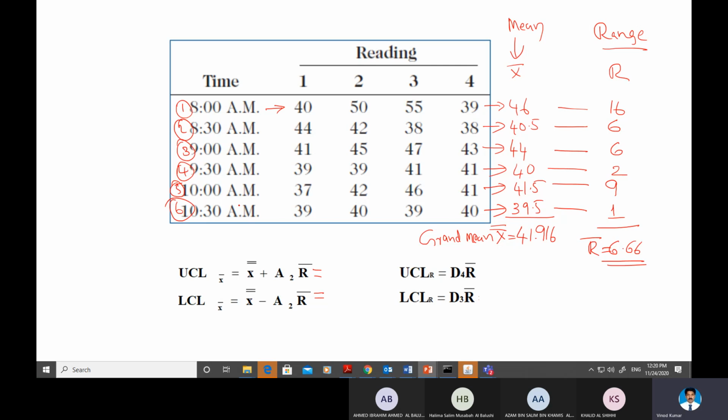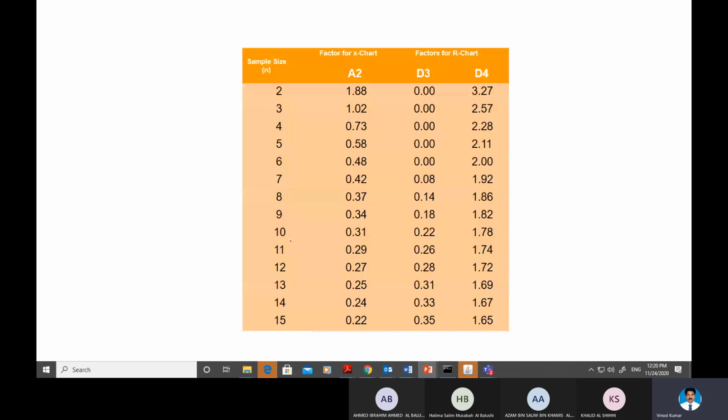Now find A2 from the table. The table is shown here. You can find it according to the sample size. What is the value of A2? 0.48.